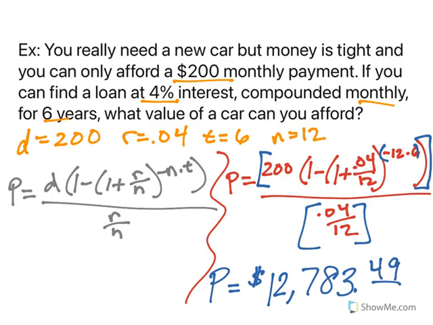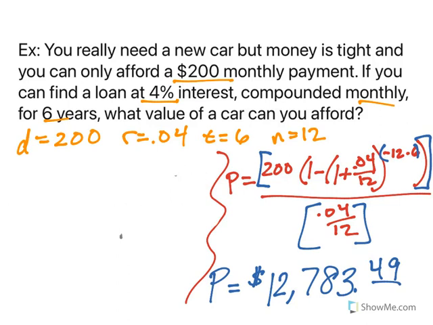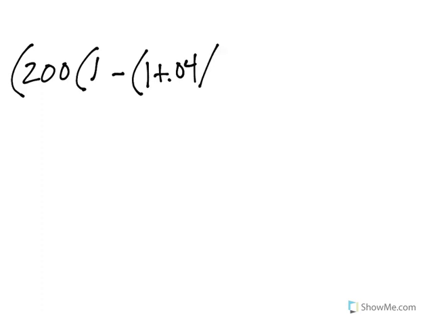Okay, so first things first. If you want to put this all into your calculator at one time, but it's a little confusing for you, you can do this. Ready? Parenthesis, 200, parenthesis, 1 minus parenthesis, 1 plus 0.04 divided by 12, parenthesis, exponent.